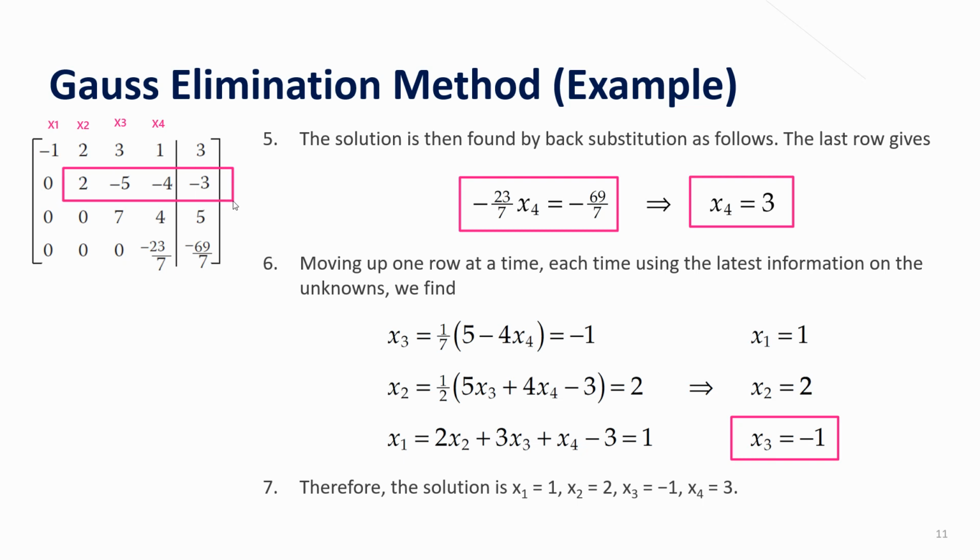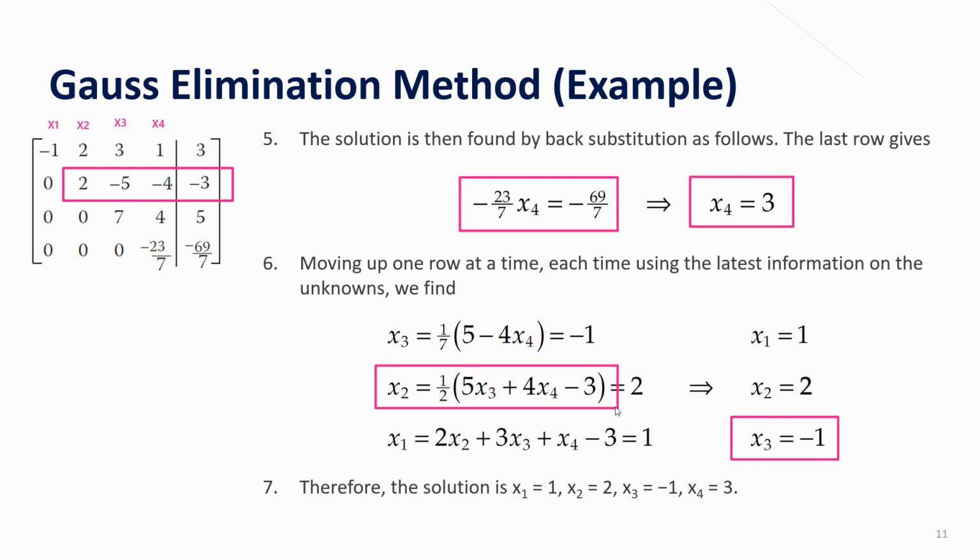Okay, so basically this one, they move it to the right hand side, everything's okay. So it will be like -3 plus 5x3 plus 4x4 minus 3, divided by 2, will equal x2. Here, you put all the values that you found earlier.